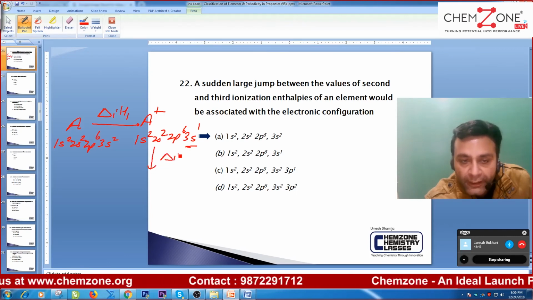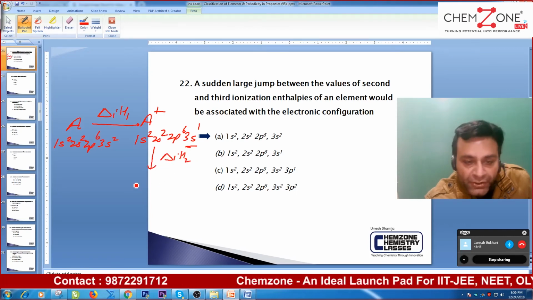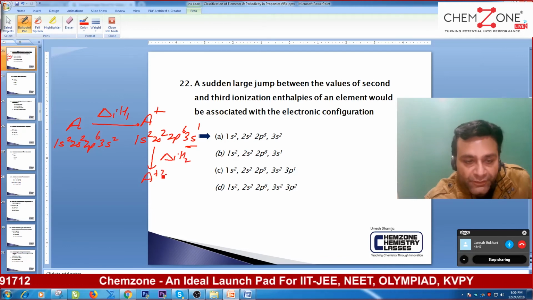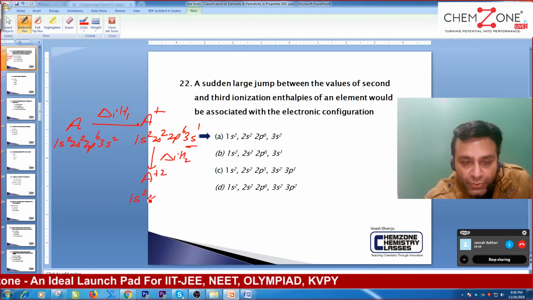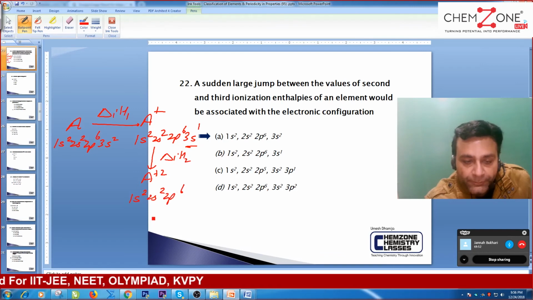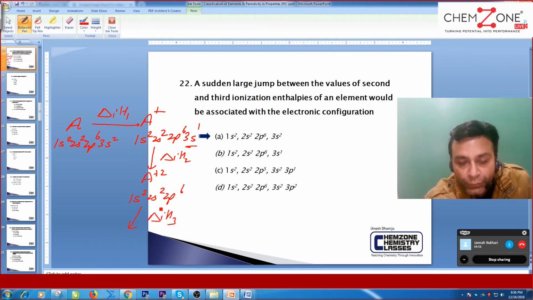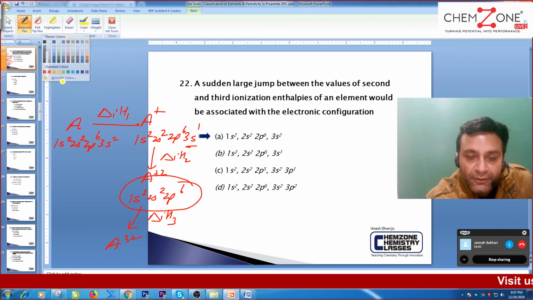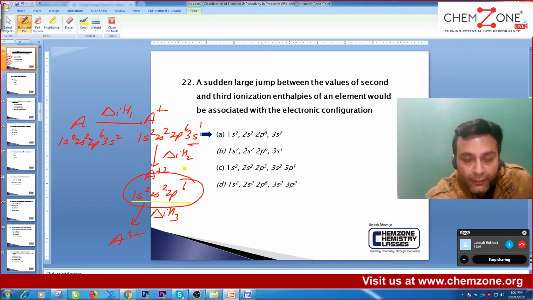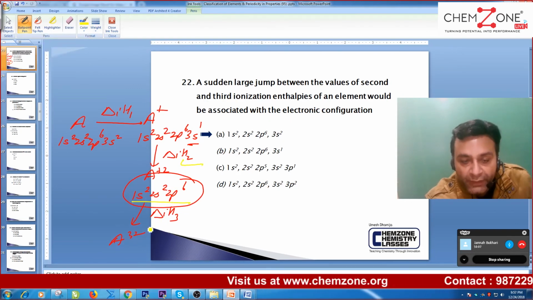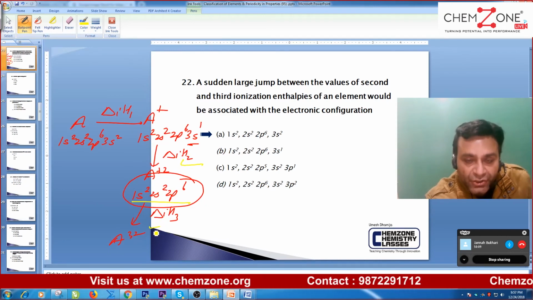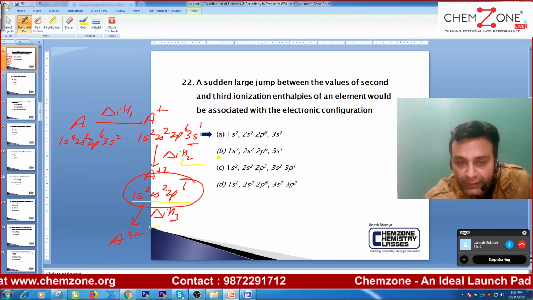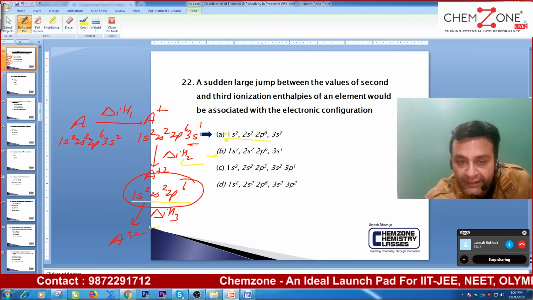Now I am providing delta IH2, the second enthalpy of ionization. Now it will become 2 positive, and it is 1s2, 2s2 and 2p6. Now when I come to delta IH3, I have to remove an electron from this completely filled electronic configuration. Right, so that's the biggest. Yes, the second and third will have the maximum difference in energy. And that is why my option A is the correct answer.